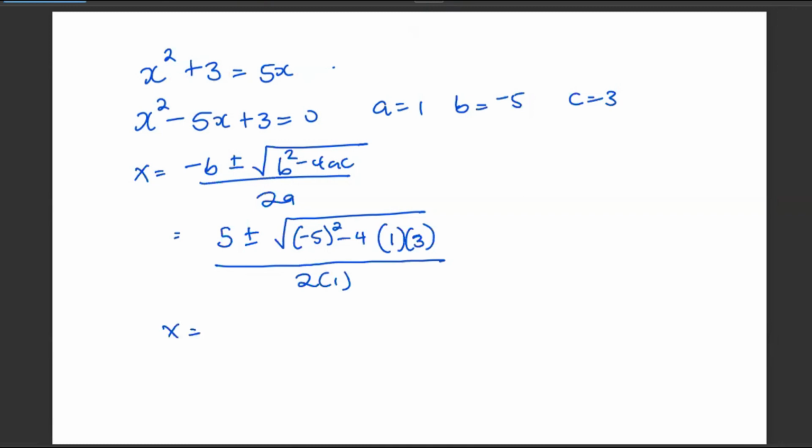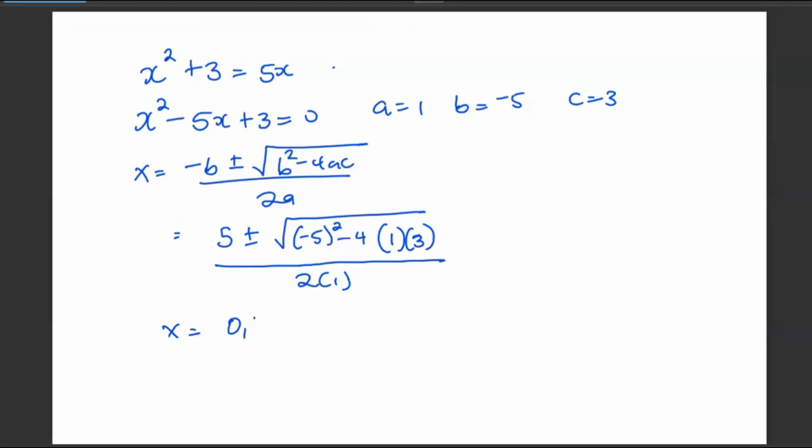When we punch this into the calculator, I'm getting 0.69, which will be 0.70 because of the 697.